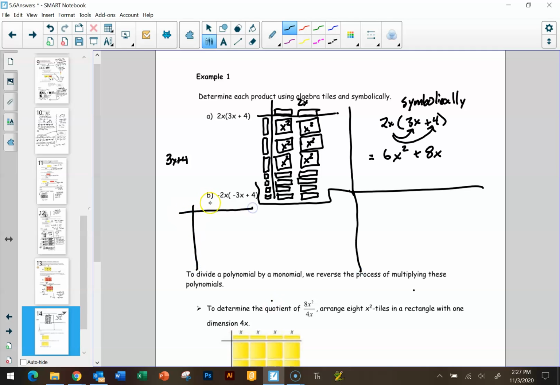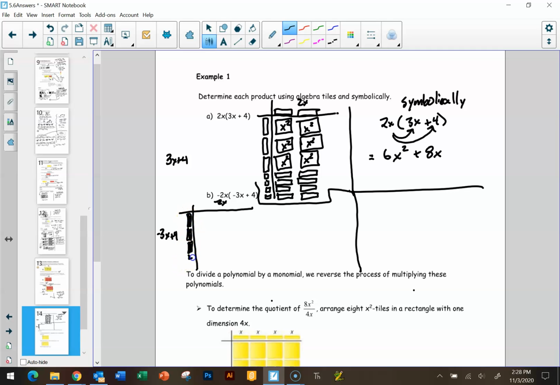Symbolically, we've got a negative 2x up here, and we've got the negative 3x plus 4. So negative 3x is going to be 3 rectangles, and they are going to be shaded, the negatives.